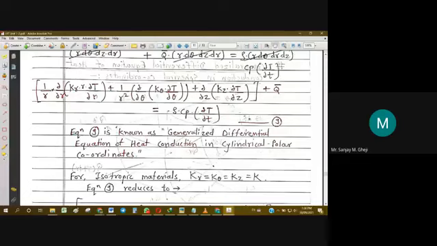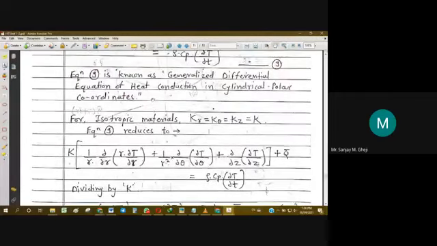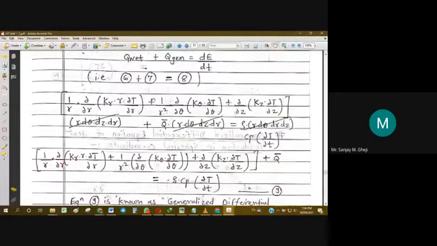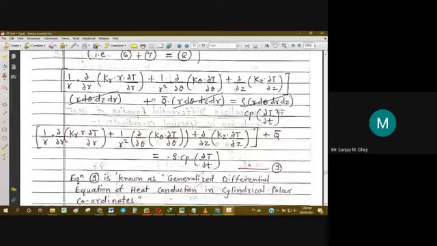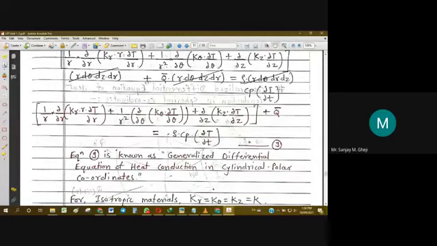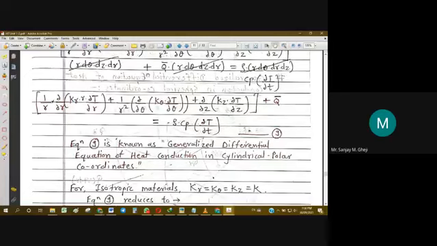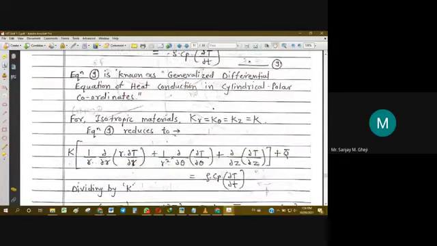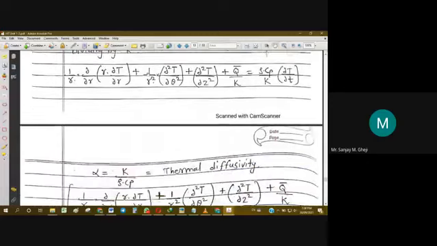Thereby you can understand how it is derived. So once you understand one general derivation, one step by step procedure for one case, the same can be applied for the remaining cases.